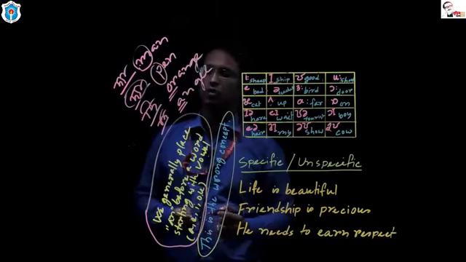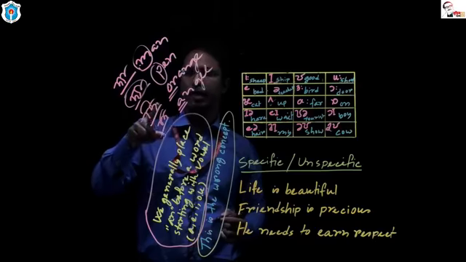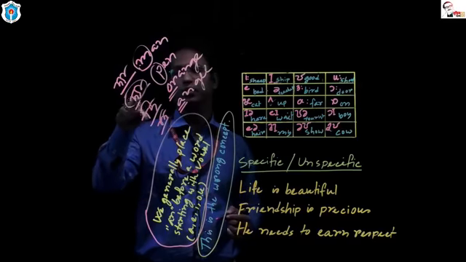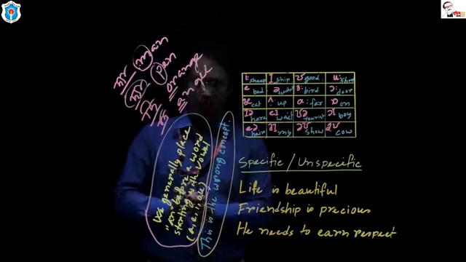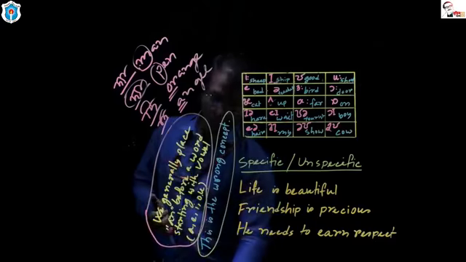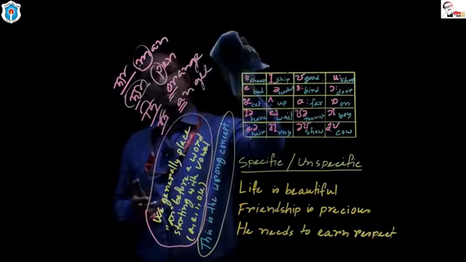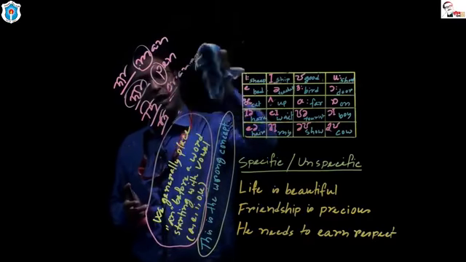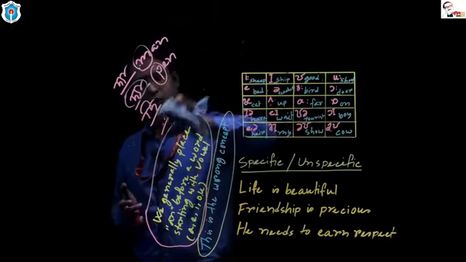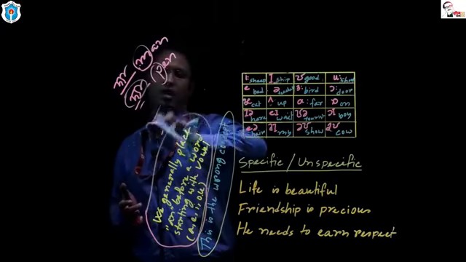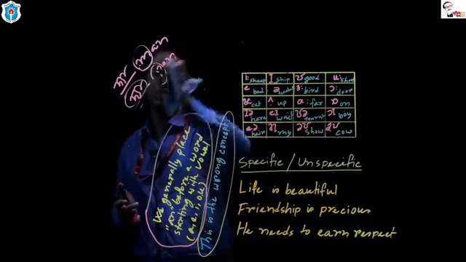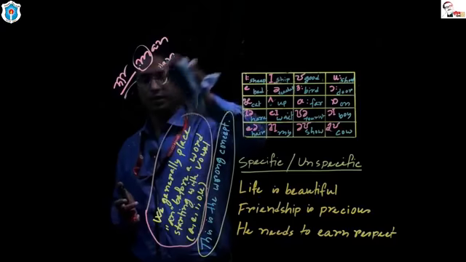So before vowel sound we will use the, and before consonant sound we will use the. Now we will learn the sound of A, whether it is A, we will learn these things.